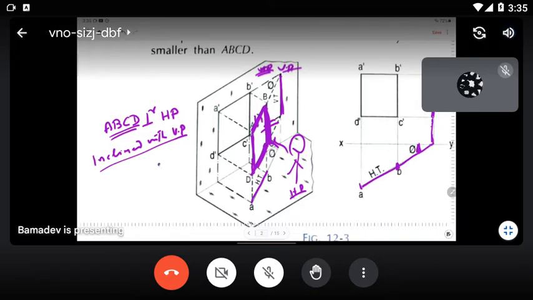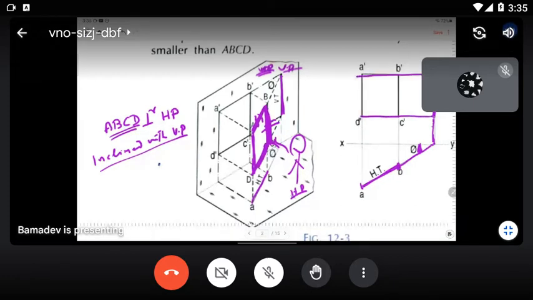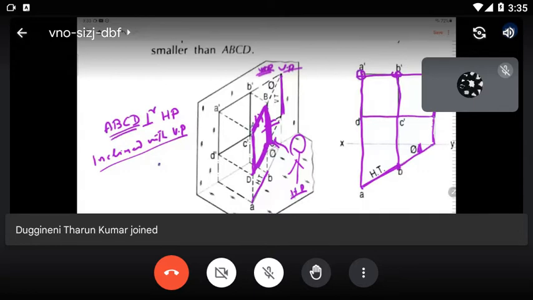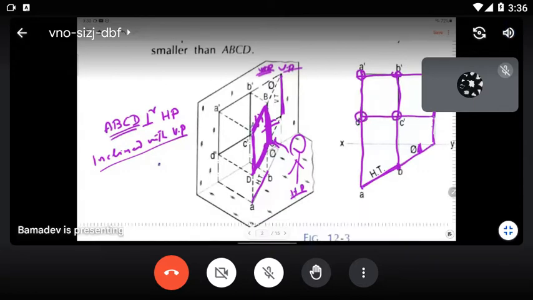So now you have drawn the horizontal trace and the vertical trace. Draw projectors from here, here, here, and here. You'll get 4 intersection points and join them.